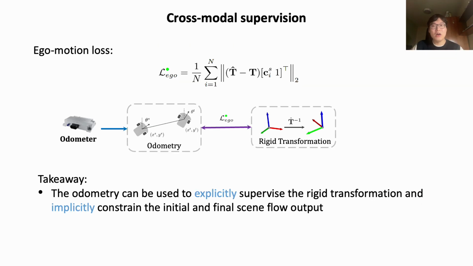In the ego motion loss, we use the odometry to supervise our estimated rigid transformation. By supervising the rigid transformation, we can also implicitly constrain our initial and final scene flow output.